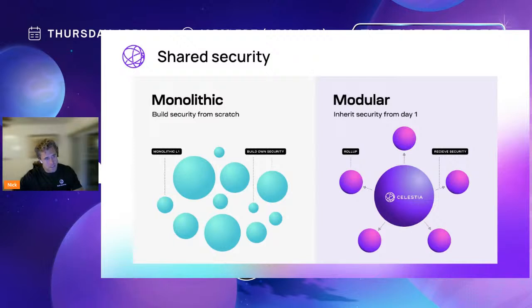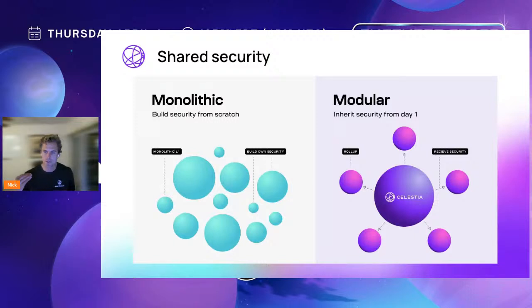And the other thing is, to talk a little bit more about shared security: the other alternative to deploying a rollup, if you want to have your own chain, is to deploy a new monolithic L1, like Cosmos, for example. You launch a new Tendermint chain. The problem is you have to bootstrap the security from zero.